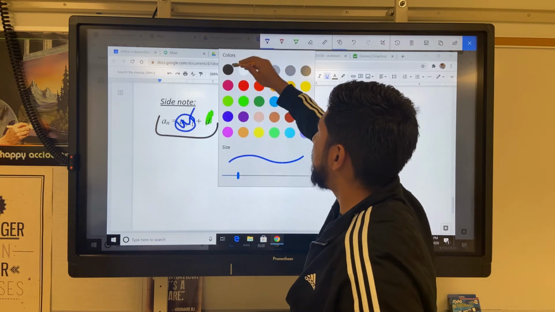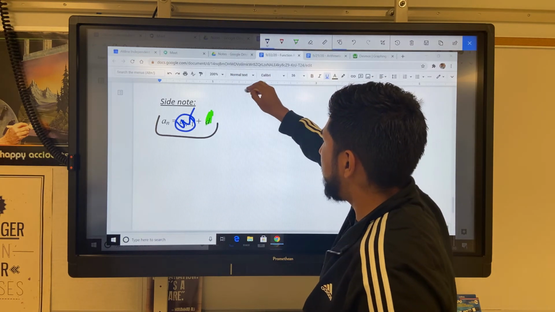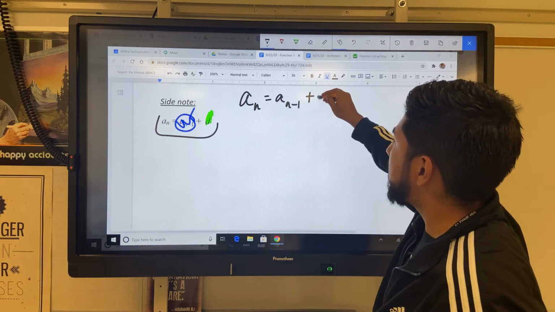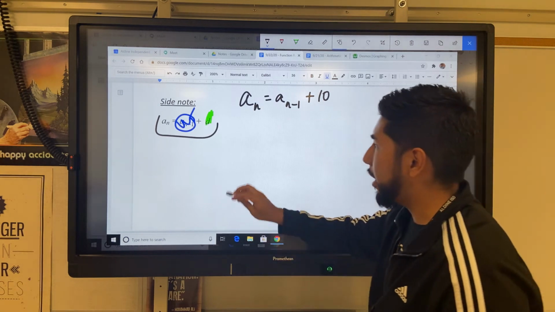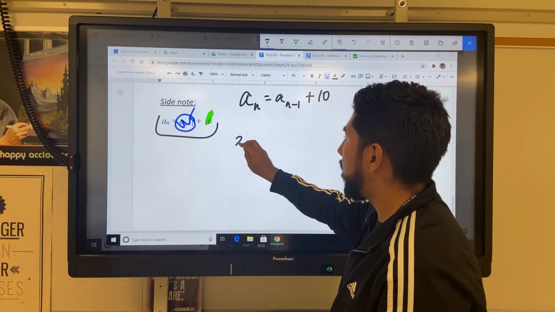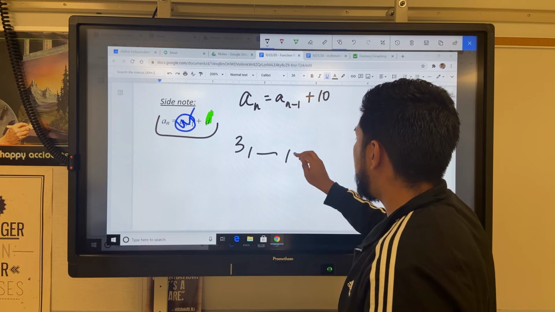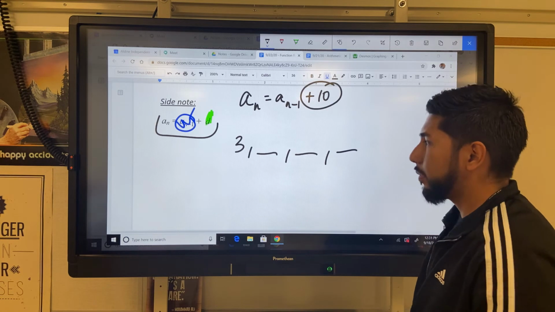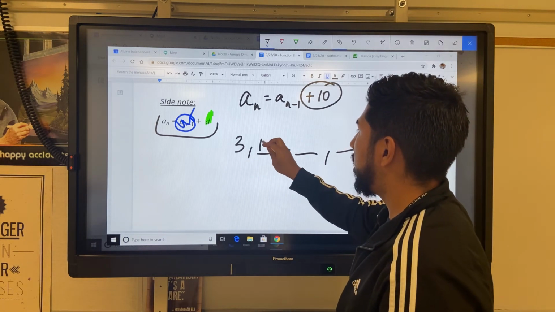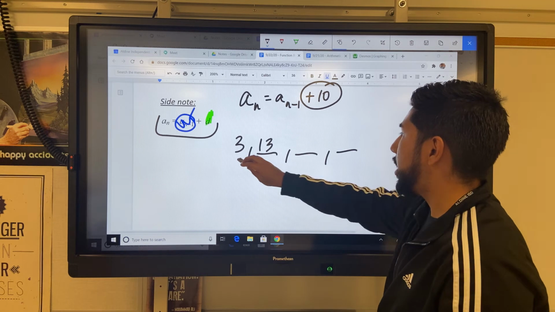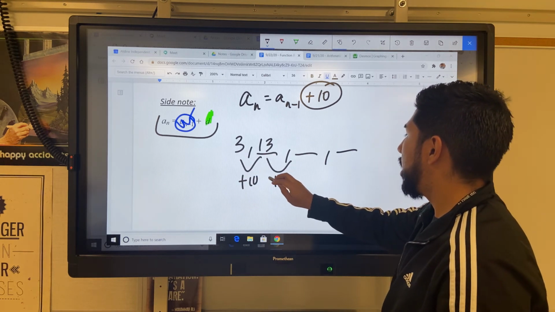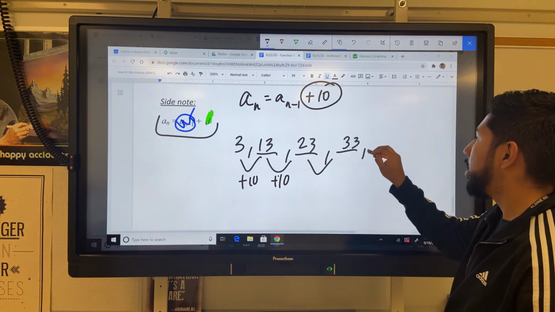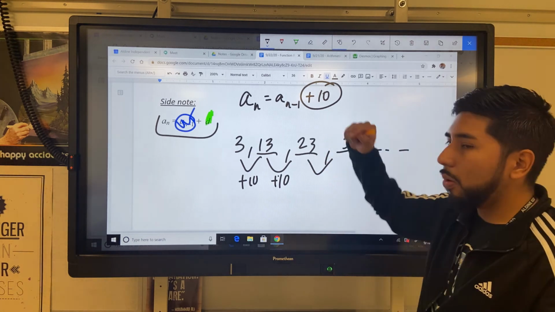So if I gave you the function a sub n equals a sub n minus 1 plus 10, you should be able to say, what's my next number? Plus 10, so I'm adding, so 3 plus 10, 13. 13 plus 10 is 23, and so on, and so on.